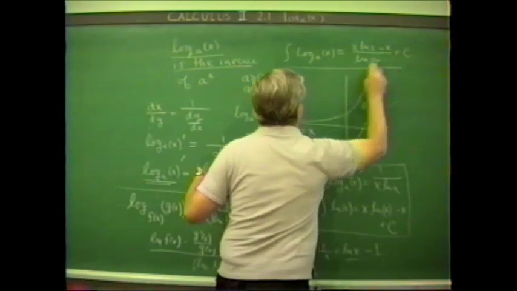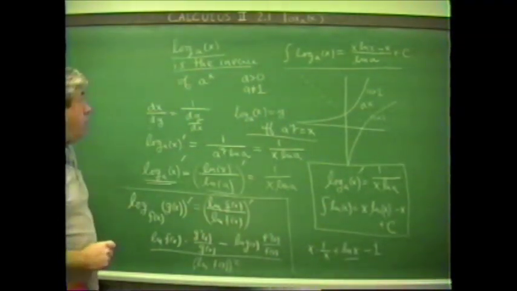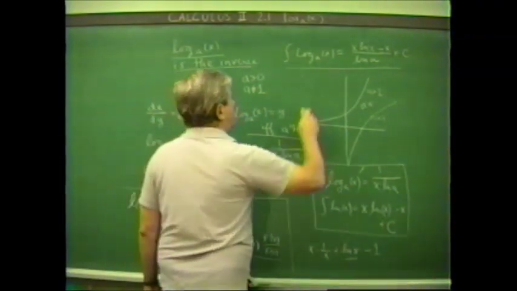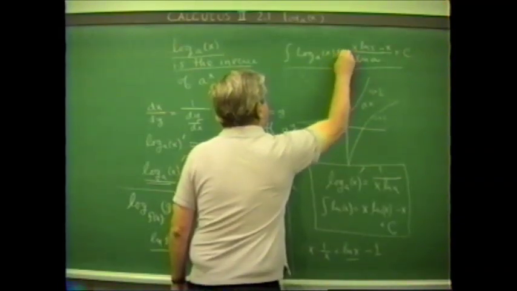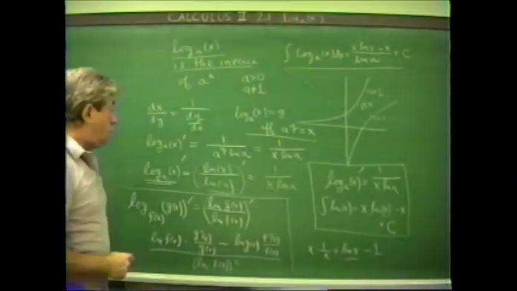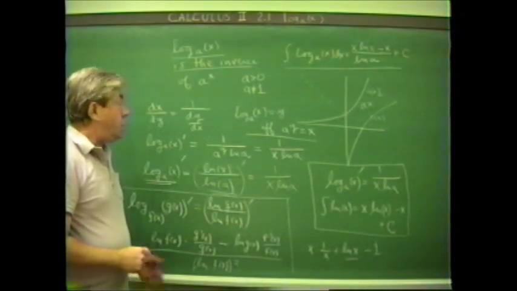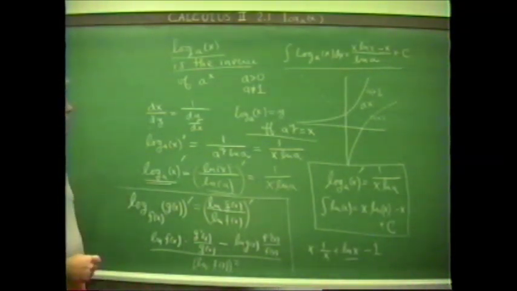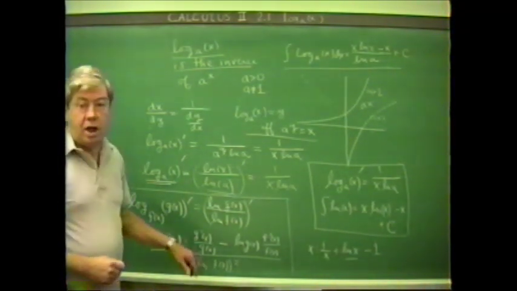So there then is a formula for the antiderivative of log to the base a of x with respect to x. Okay, so now we have both the exponential function a to the x and the logarithm to the base a of x.